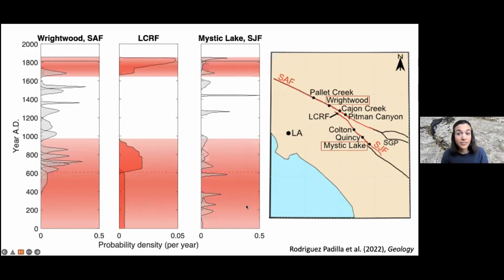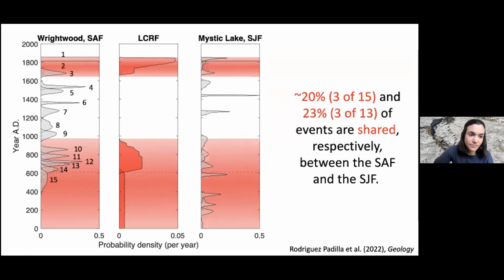However, we can get an understanding of the frequency of linked events if we compare the total number on each. Okay, so I've counted all of the PDFs in each of these. And from this, we find that around 3 of 15 for the San Andreas and 3 of 13 for the San Jacinto events are shared respectively between the San Jacinto and the San Andreas and are recorded in the LCRF.